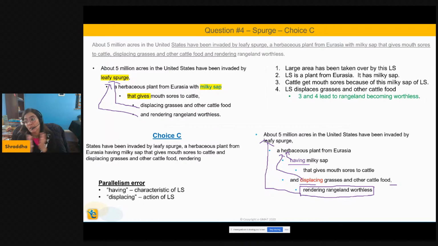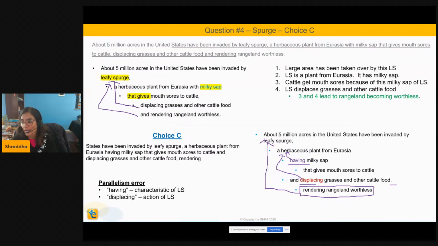But you can say that, hey, because so much land area has been displaced, we can also say that it has been invaded by leafy spurge. It makes sense to say that displacing grasses and food is the effect of that action, or rendering rangeland worthless is the effect of that action. Okay, maybe, I'm not sure. But think about the second condition. What is the second condition? The doer of the modified action and the modifier action has to be the same.